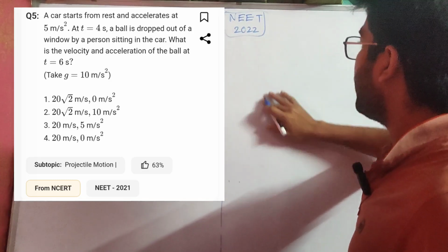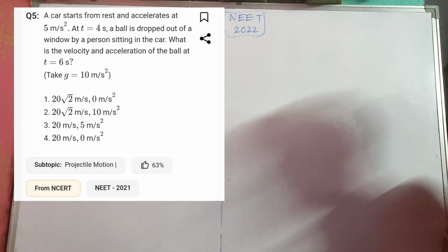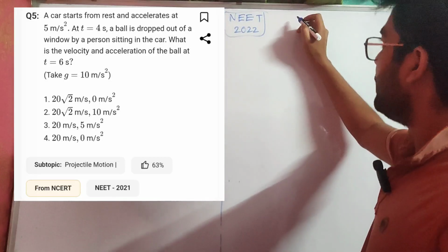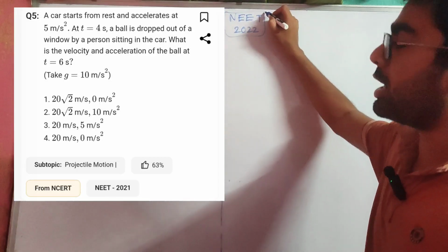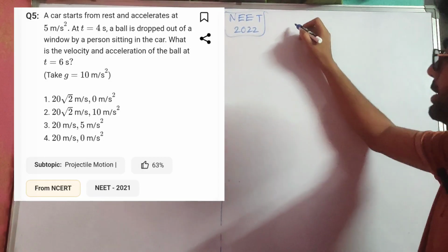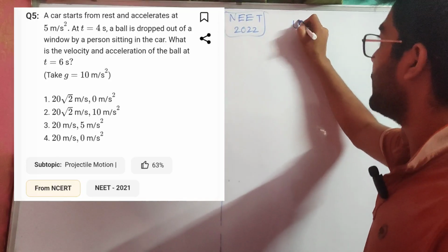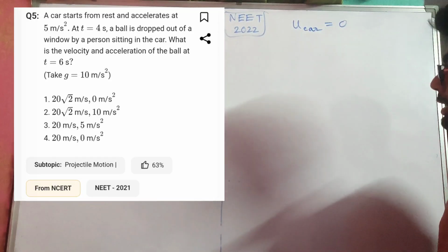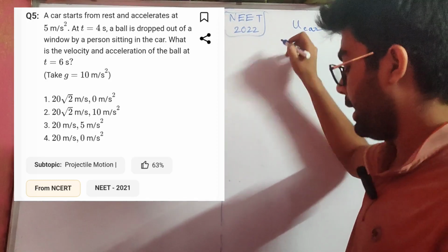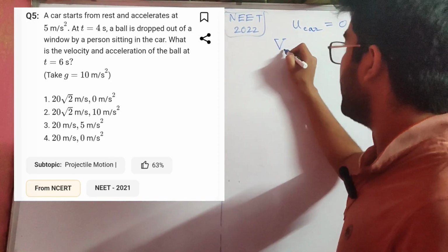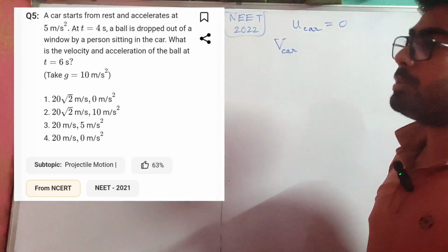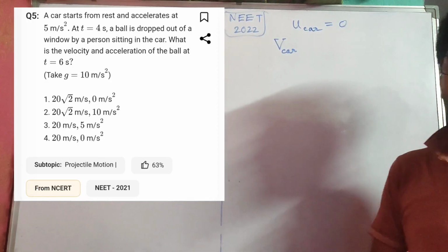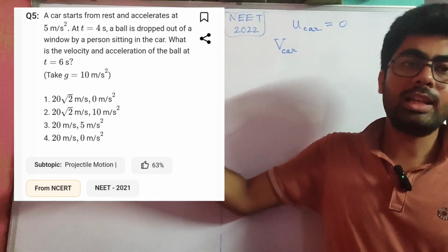Initially we calculate the velocity of the car. Here the car starts from rest, that means the initial velocity of the car is 0, and the final velocity of the car moves along the horizontal line.